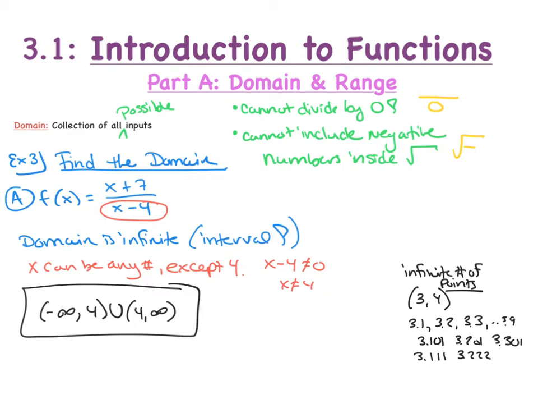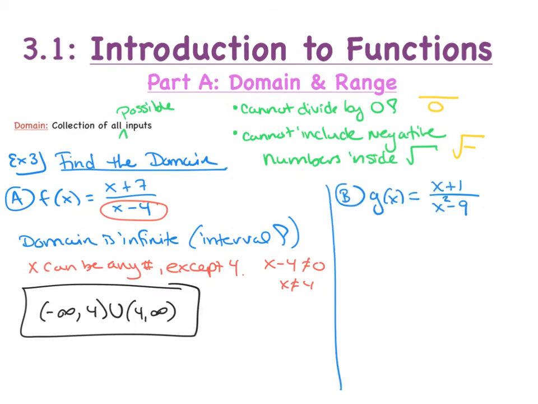Let's do another example to practice this. So let's find the domain of the function g of x equals x plus 1 over x squared minus 9. Now remember, when I'm finding domain, I'm kind of ignoring the numerator. The numerator can be anything at all. I just can't divide by 0.